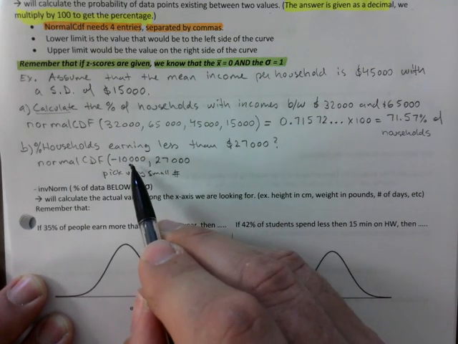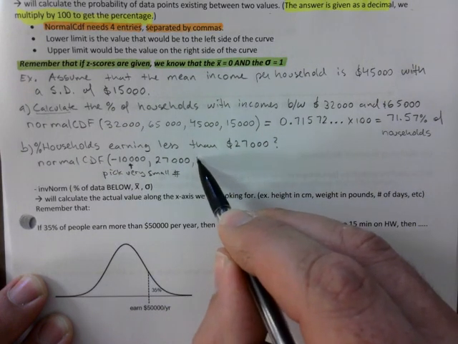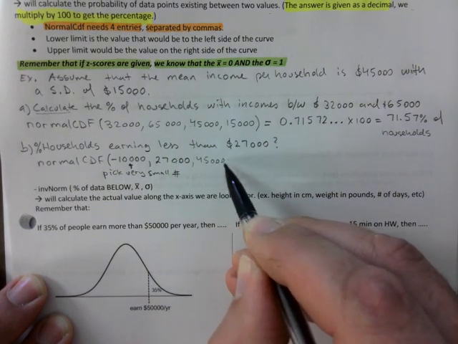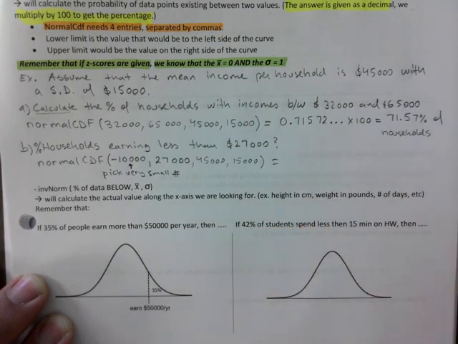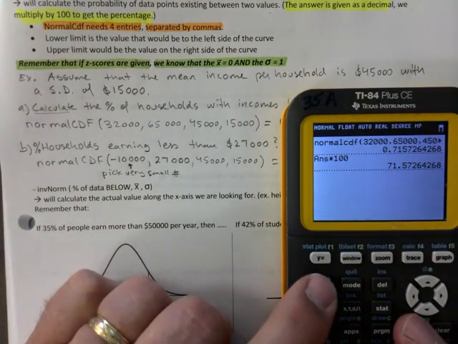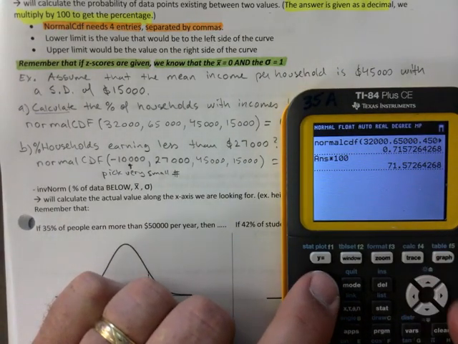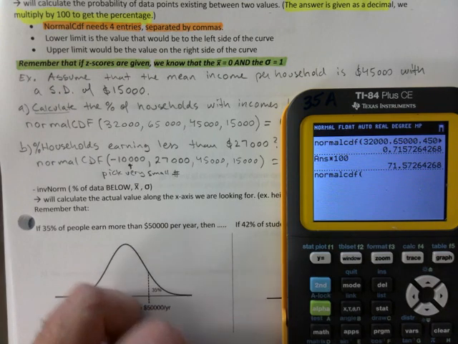So we're saying anywhere from negative 10,000 all the way to 27,000, and then you have to follow up with the mean and the standard deviation. Let's go ahead and figure out what that is. You can copy paste, or you can just go 2nd VARS. It's quick to go get it.